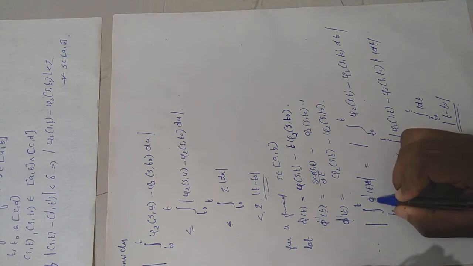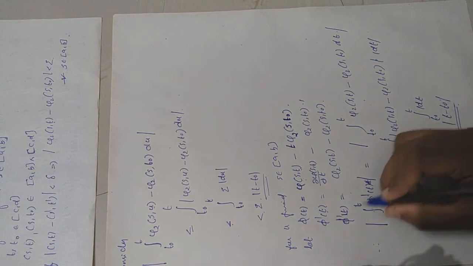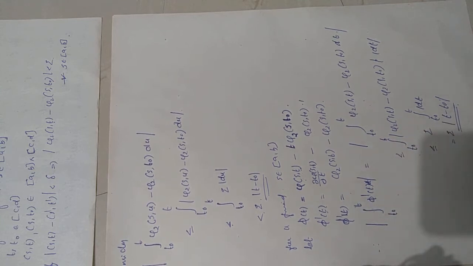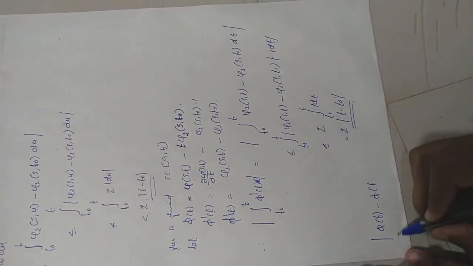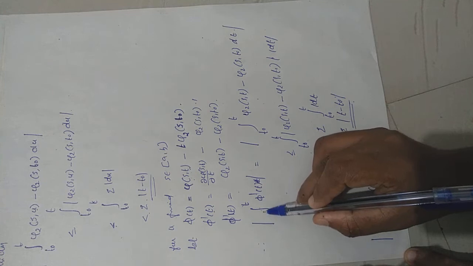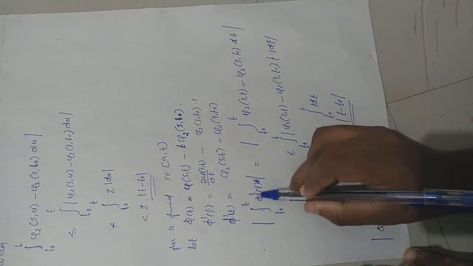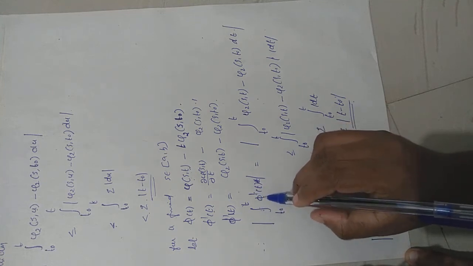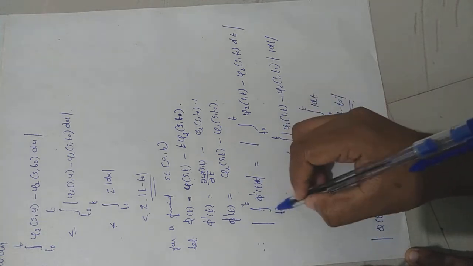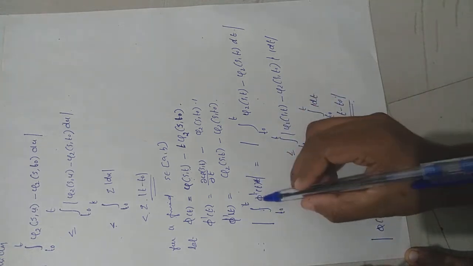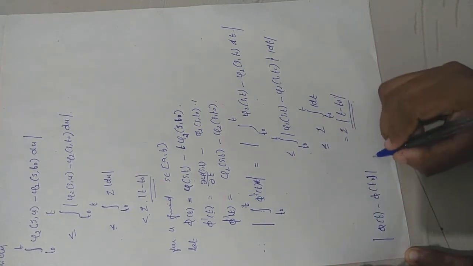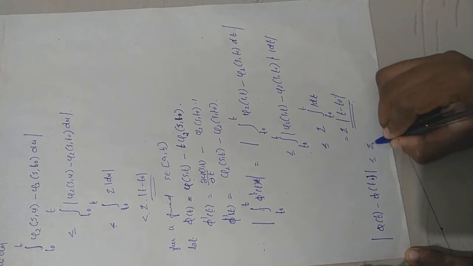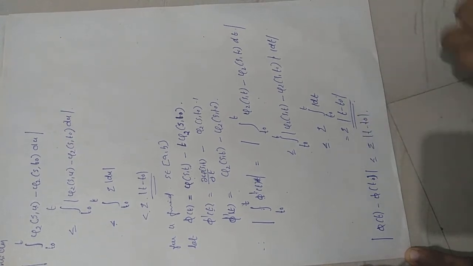By the fundamental theorem of calculus, the integral and derivative cancel. Therefore the integral from t naught to t of phi dash of t becomes phi of t minus phi of t naught, and modulus of phi of t minus phi of t naught is less than or equal to epsilon times modulus of t minus t naught.